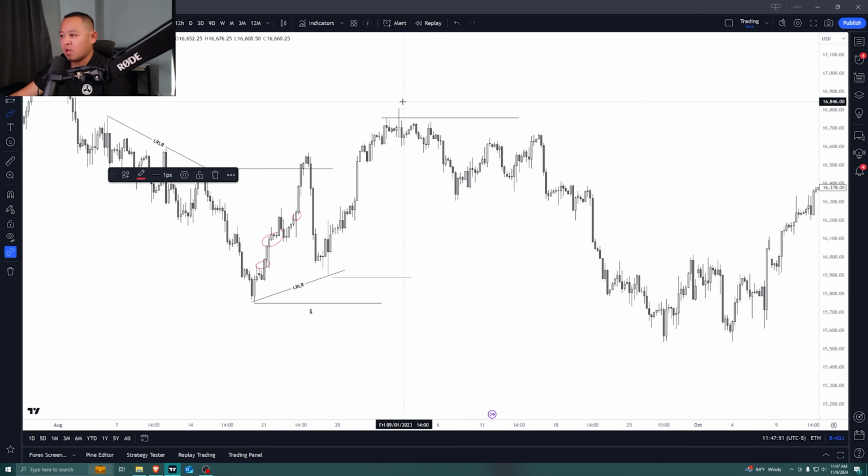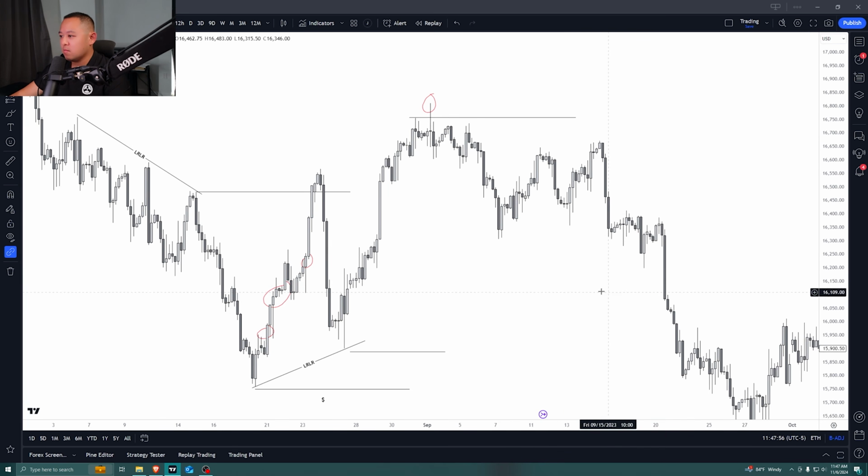So what I'm looking at is just the narrative behind why I would do something like this. So what I'm trying to anticipate is buyers that just dried up. So if you were looking at the order book, the bids just dried up here, right? If there was more buyers, we would have closed above this high.